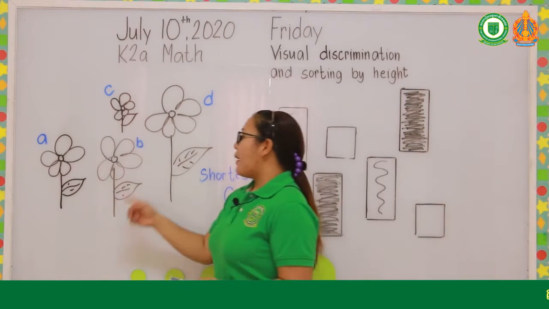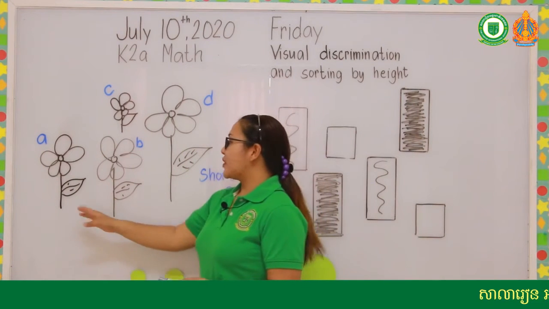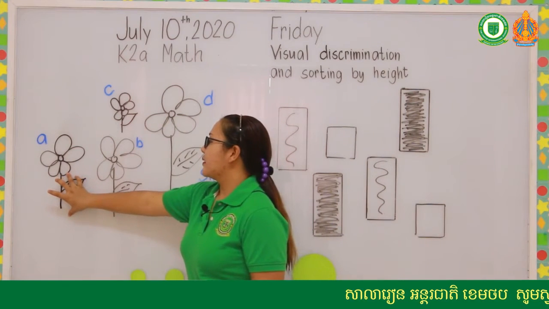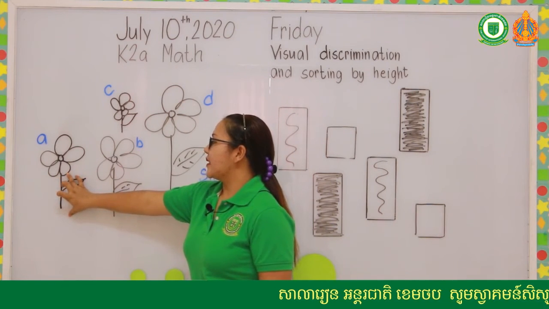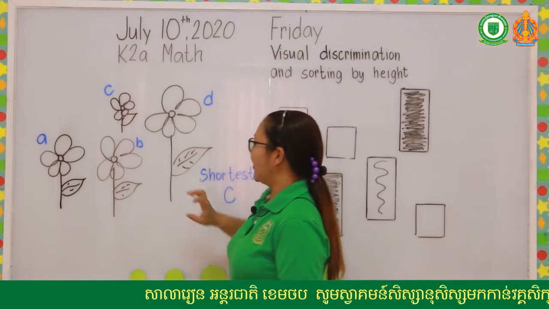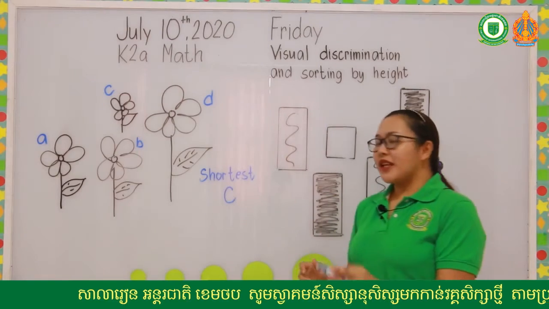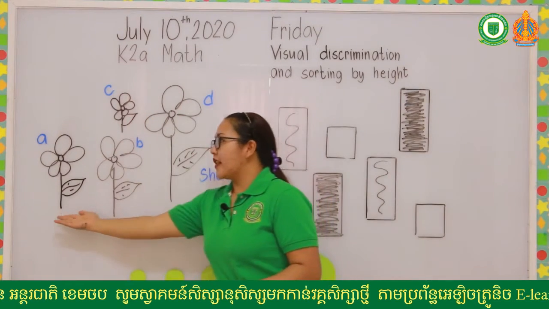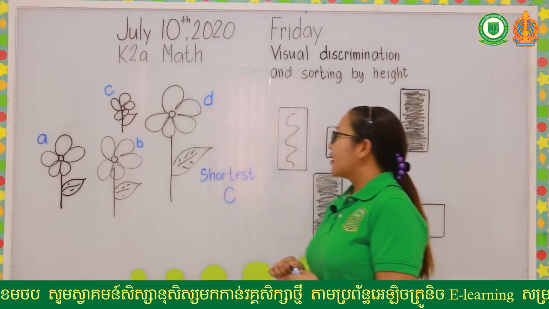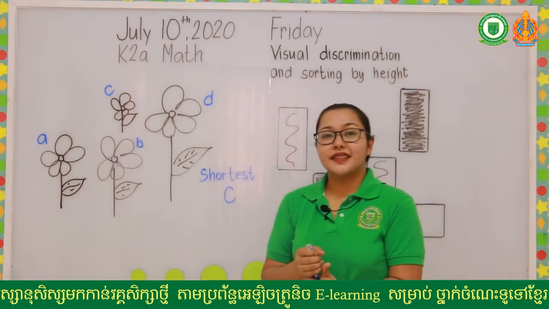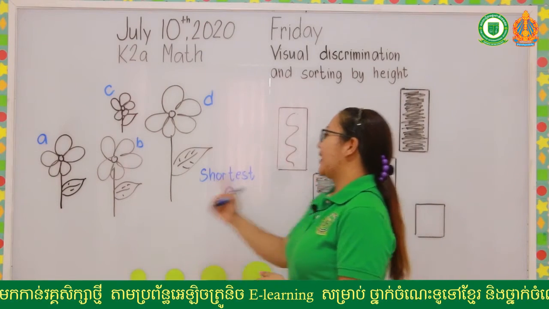Now, which among these two is taller than this flower? Which flower is taller than letter A? It's letter B. Okay, letter B.